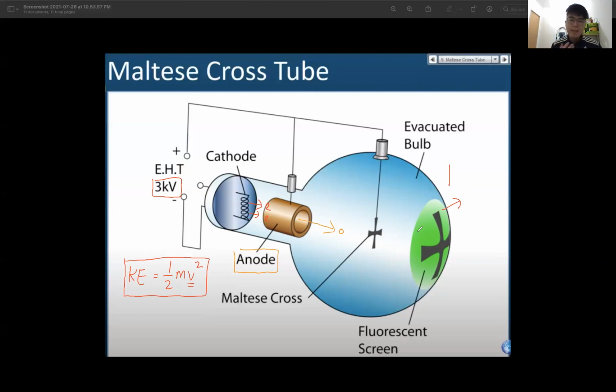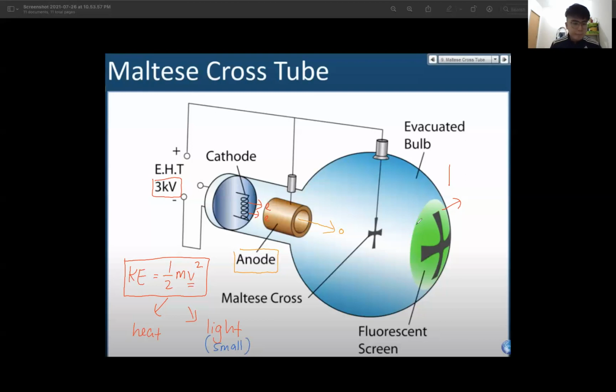In this case, it is converted to heat and light. When the electron strikes, it stops here, and all the kinetic energy goes to heat and light. The light energy produced by the electron is very, very small initially.